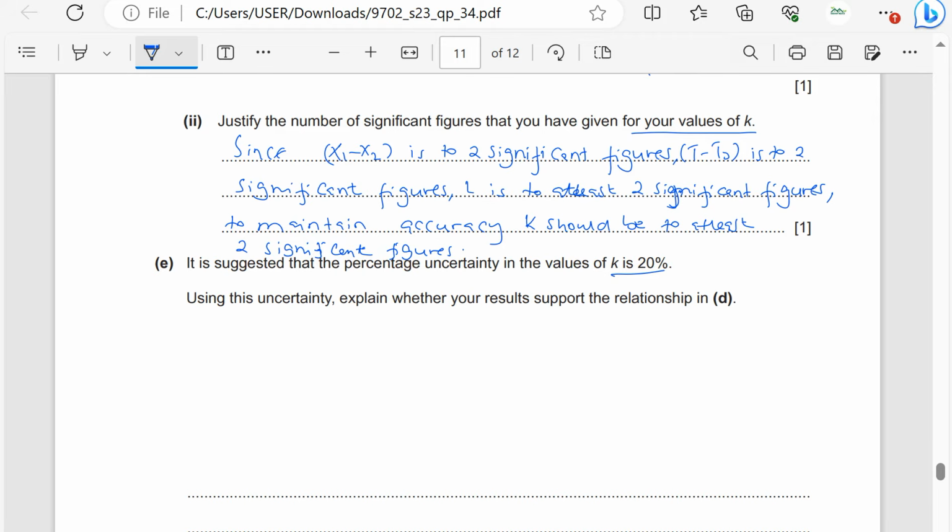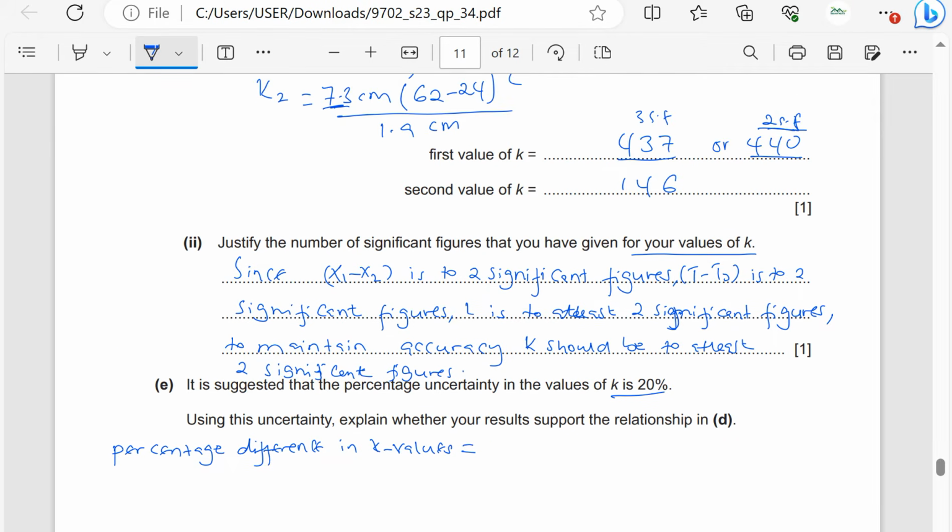Okay, so we just find the percentage difference in K value. Since this time they have given us a criterion, we find the percentage difference in K values. It is equal to (437 minus 146), and I may divide by the highest, or you can divide by the average.